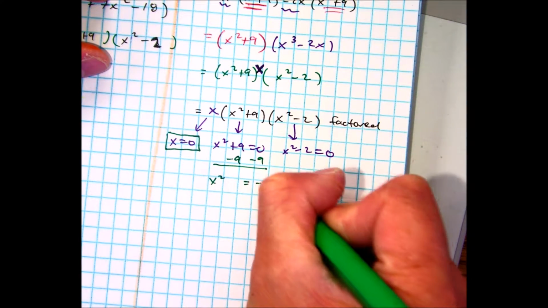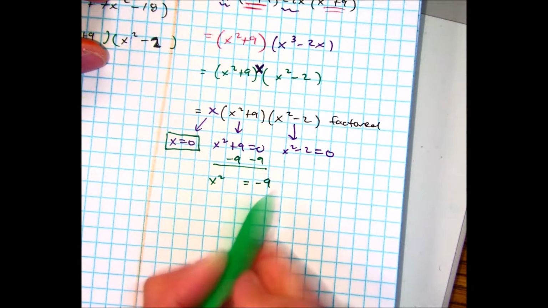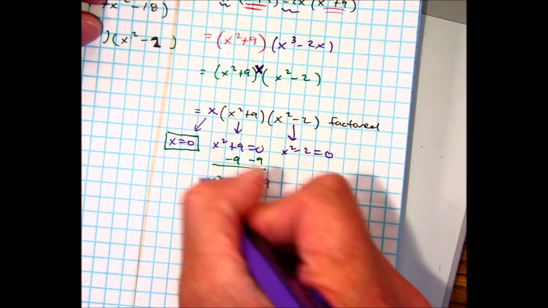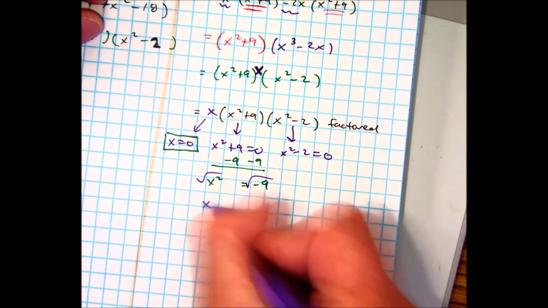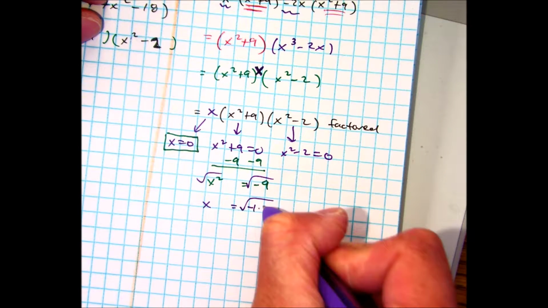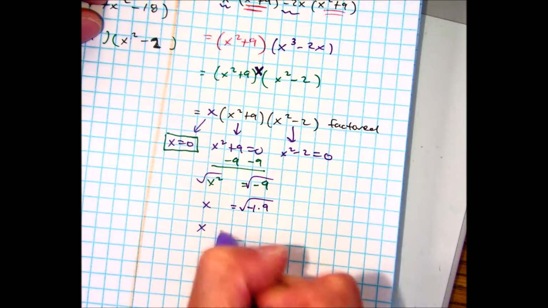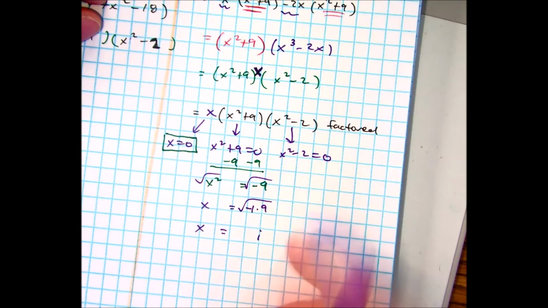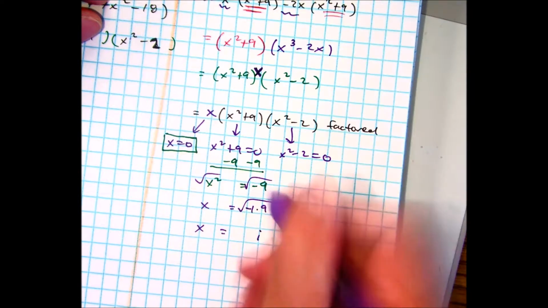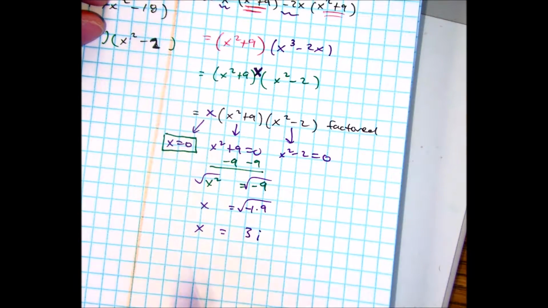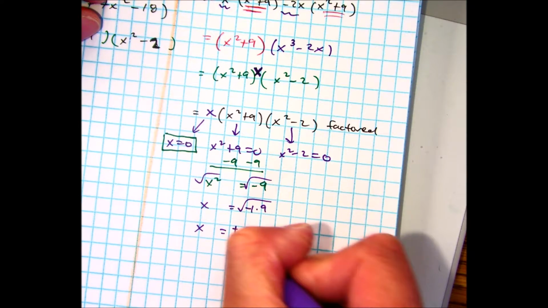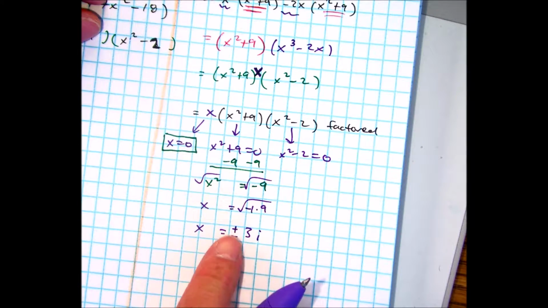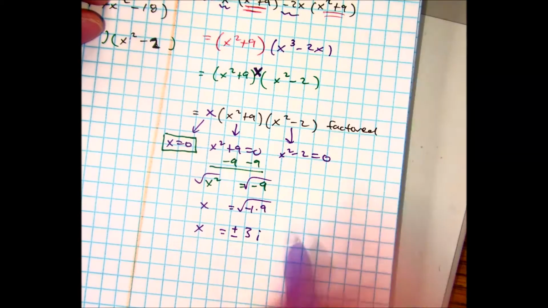Pay attention here, slow down. I have x squared equals negative 9. What's the square root? So this is negative 1 times 9. The square root of negative 1 is? The square root of 9 is? And remember, when you're taking the square root of an equation, you have plus or minus. There's actually two problems here. X equals positive 3i and x equals negative 3i.